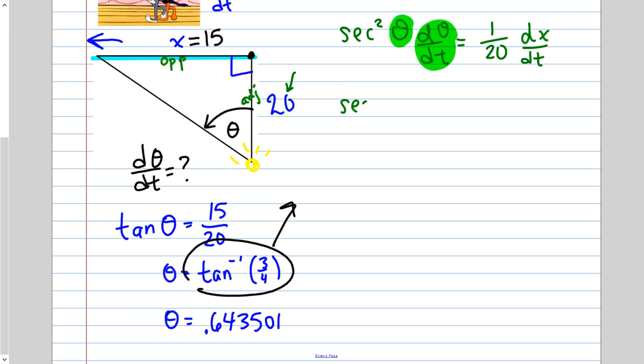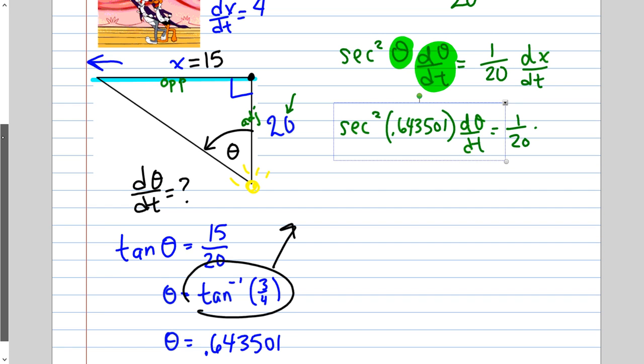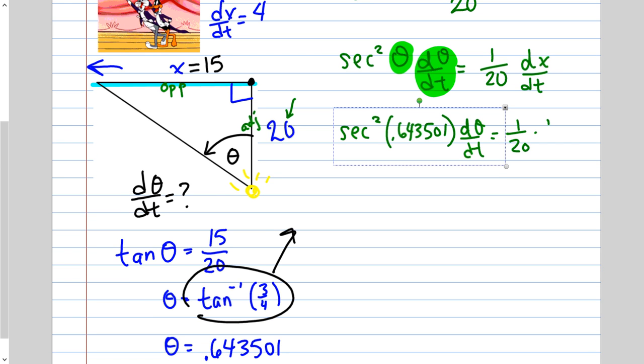So secant squared of 0.6435501 of d theta dt, which is eventually what we're going to figure out, equals 1 over 20 times dx dt. If you recall, dx dt was 4. So then d theta dt is equal to 1 over 20 times 4.